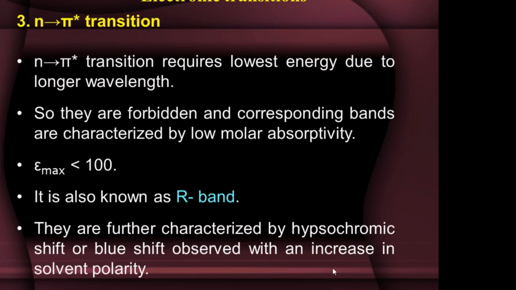Note here that when the solvent polarity is increased, that is, you change from a solvent of lower polarity to a higher polarity, then you will see a shifting of the peak, or the R band shifts to shorter wavelengths. That's a hypsochromic shift or blue shift. We'll see a little later in the following slides.